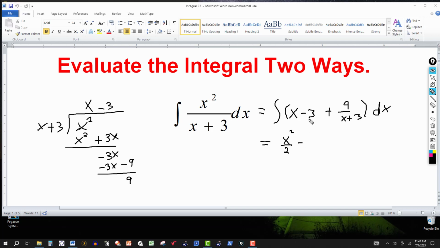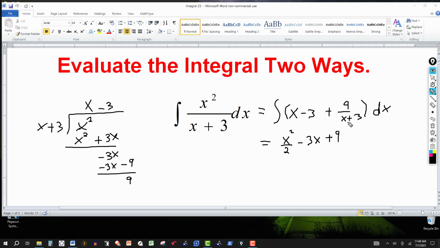Integral of minus 3 with respect to x is minus 3x. And this one, you can think of this as 9 times 1 over x plus 3 dx. So the integral of 1 over x plus 3 dx is the natural log of absolute x plus 3. Put the 9 on front. Now you could use a u-substitution, but you don't need it.